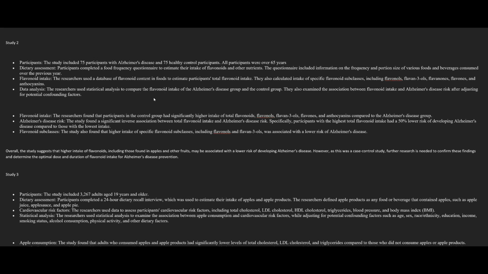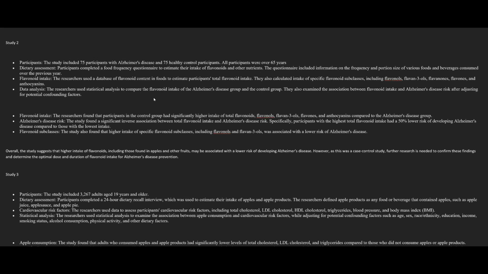So can you summarize it? What's the effect of flavonoids in Alzheimer's disease? Okay. Basically, the researchers found that if you had more flavonoids, you had less likelihood of having or developing Alzheimer's disease.